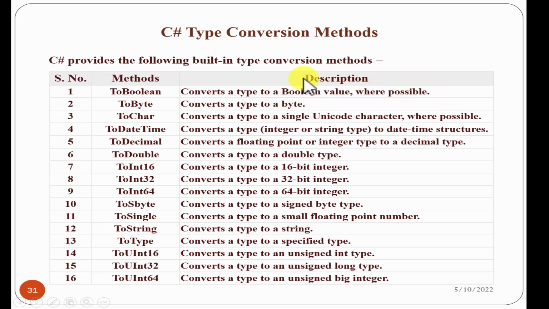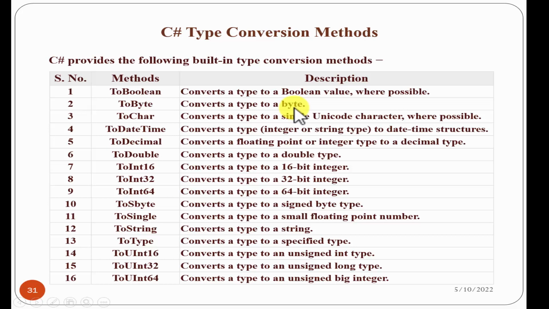It will convert a value from another type to boolean type, but only where possible. It is not possible all the time for all data types. Only data types that have a conversion to boolean will be preferred there.